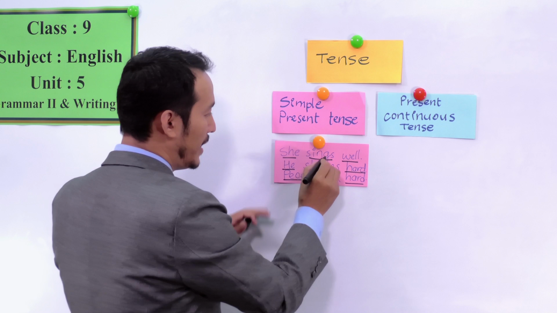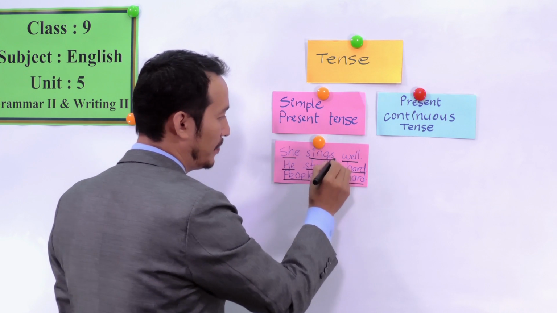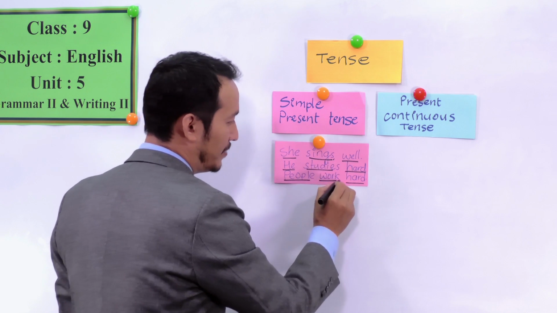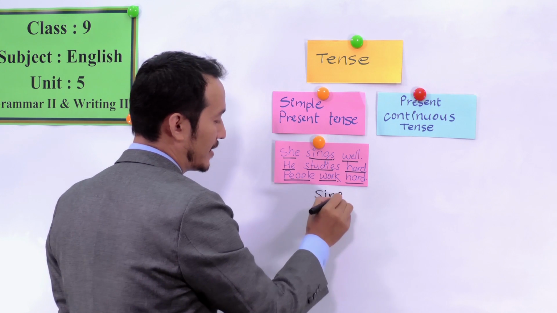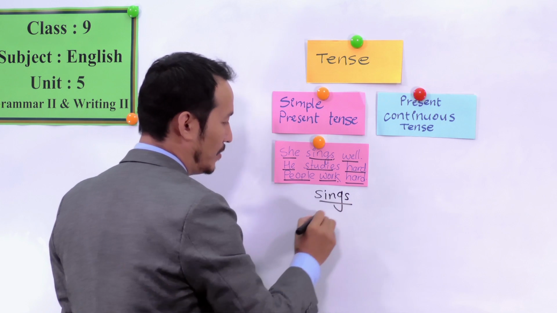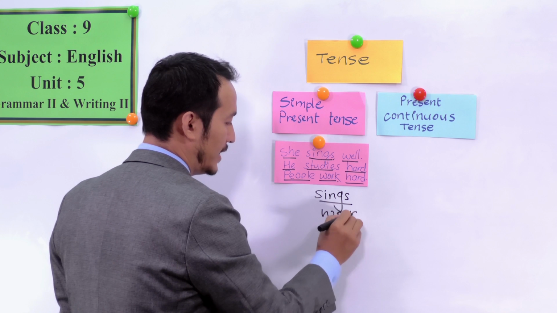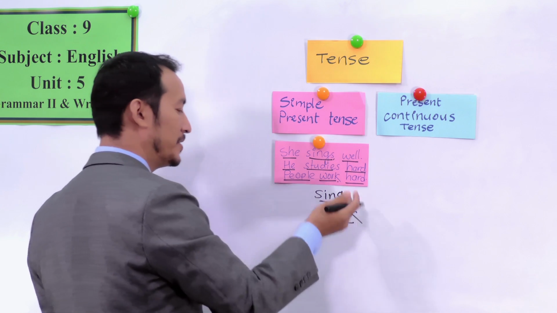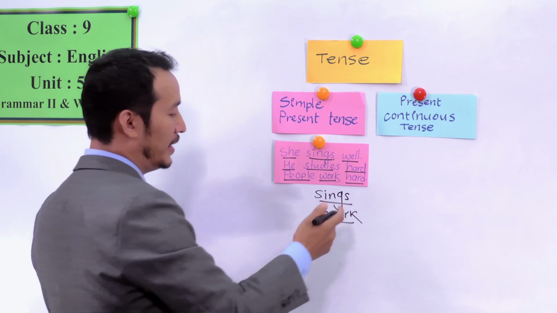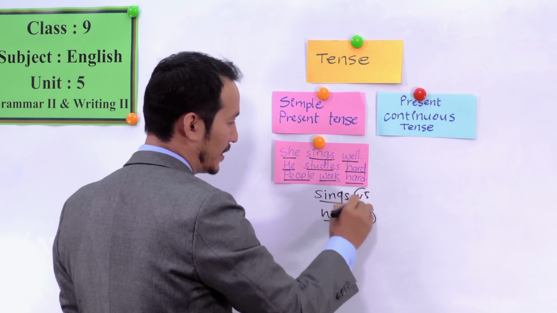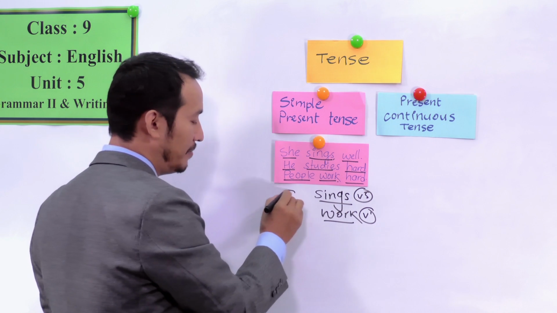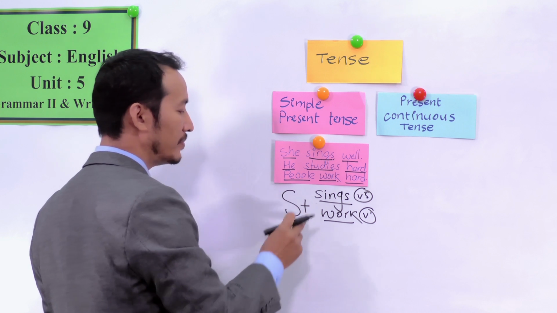So generally we have two types of verbs here. Can you see here? With the S and without S, right? So here, sings and work. There are two kinds of verb. Okay, students. So generally we identify them as verb 5 or verb 1, right? You know it very well. And we have subjects, right?